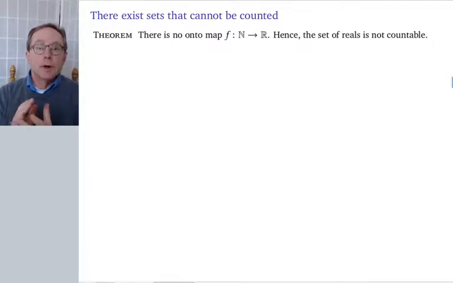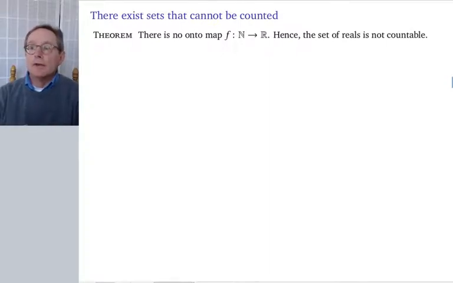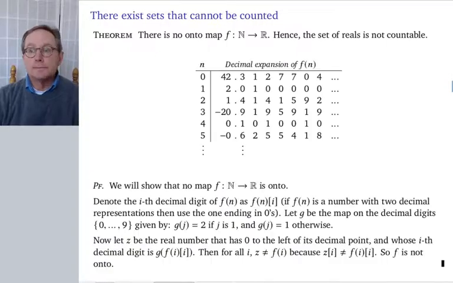This is a case where the lack of existence of a function has something important to say. It's not possible in an onto way to relate the naturals to the reals. That's to say that the set of reals is not countable. It's infinite, but it is bigger than countable. It is so large you can't count it.